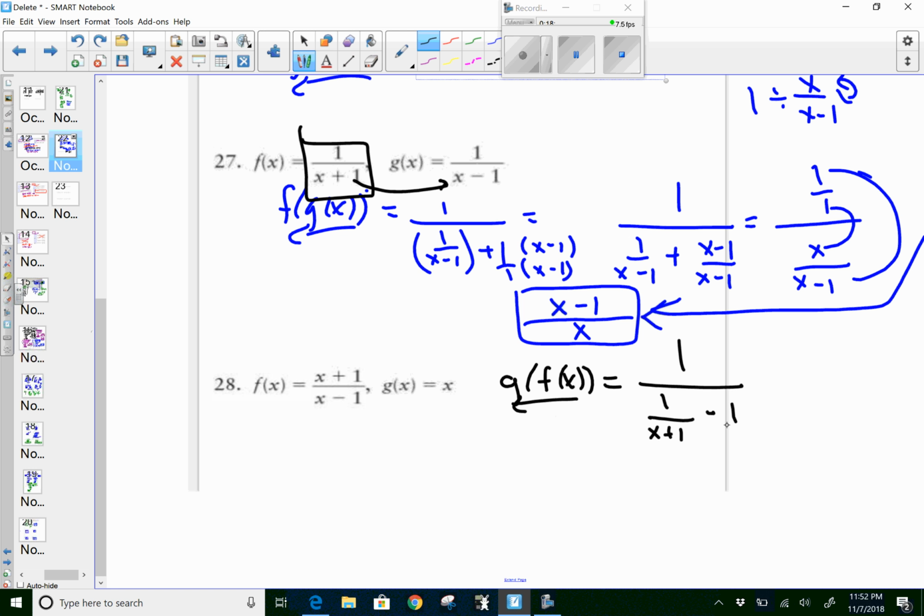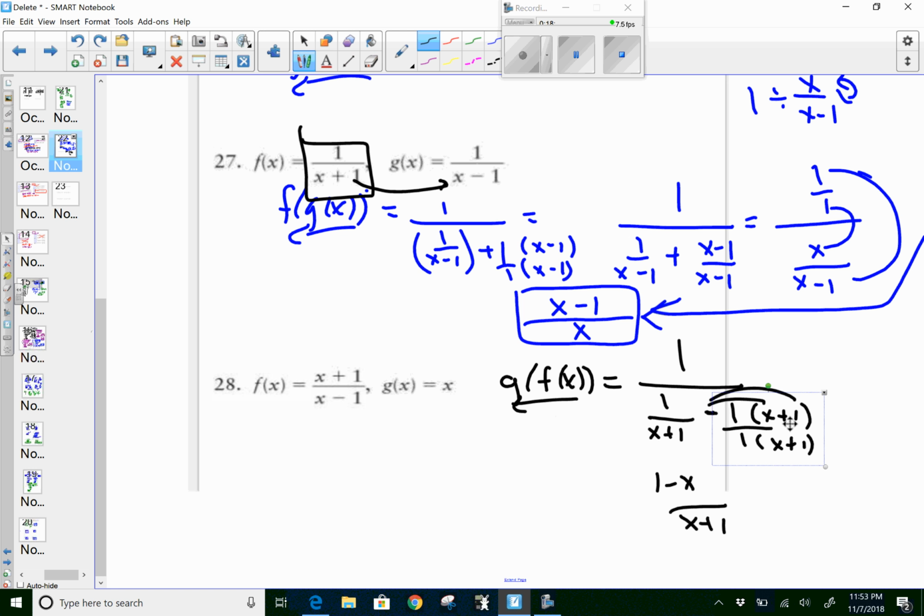So same thing, I need to get a common denominator. So I see there's 1 over 1. So I'm going to multiply this by x plus 1. Multiply this by x plus 1. So my denominator right here is going to be x plus 1. So it's 1 minus, that's a negative sign. I want to distribute that. So negative 1 times x is negative x.